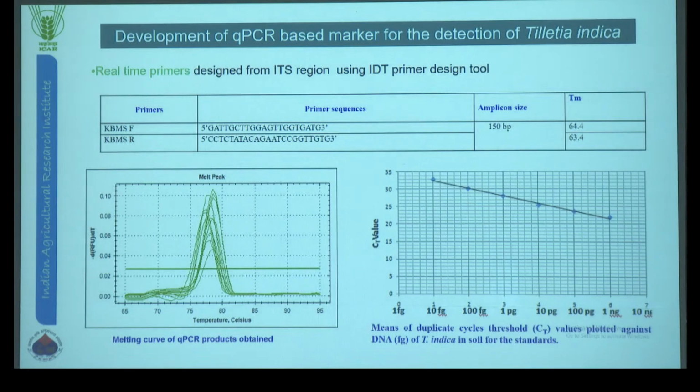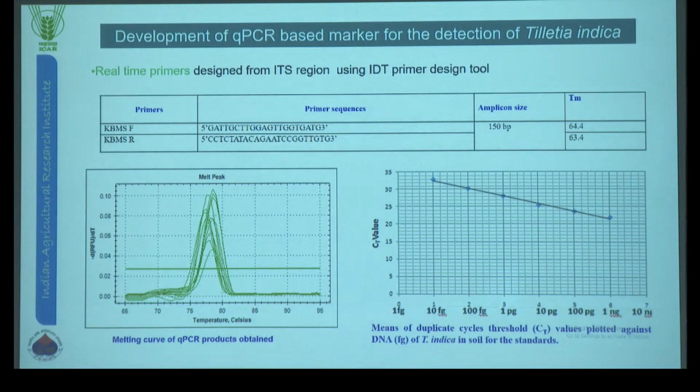One important thing in pathology diagnostics: we can directly isolate DNA also, and design specific primers for real time, because real time PCR primers and PCR primers are a little different. Why?